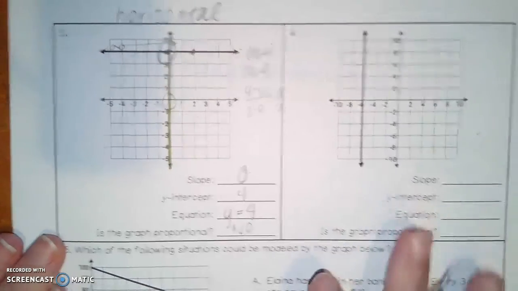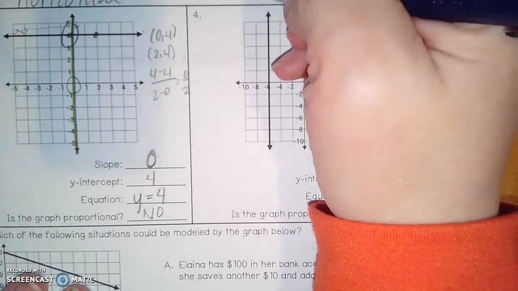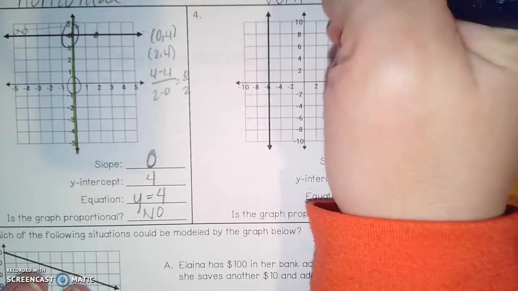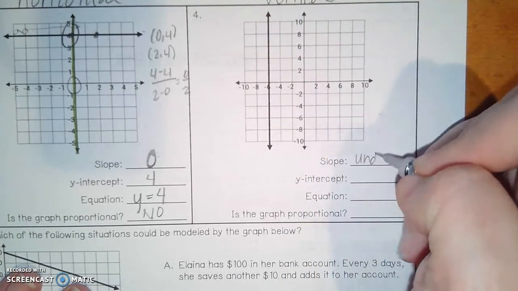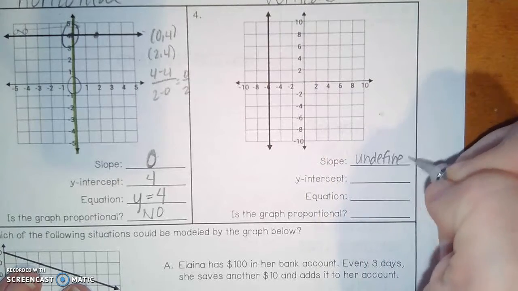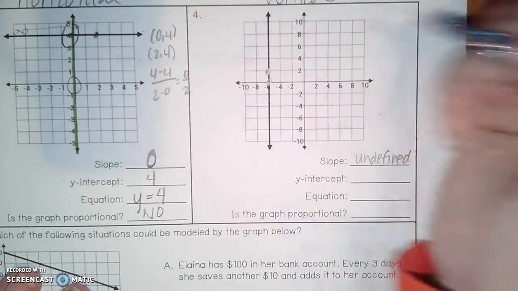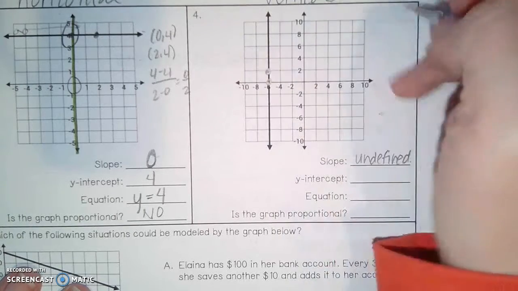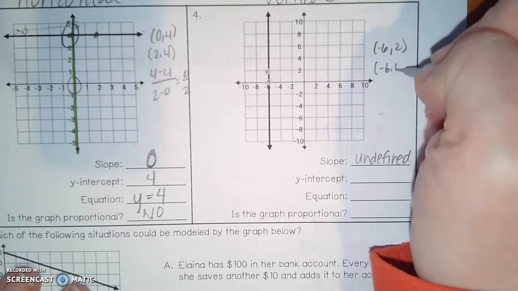All right, so now we're going to look at this slope right here. This one is showing a vertical slope. If you remember, if we have a vertical slope, we said the slope was undefined. We can reason through that by putting 2 points on the line if we so choose. If I put this point on the line, it's (-6, 2), and then I have (-6, 0).